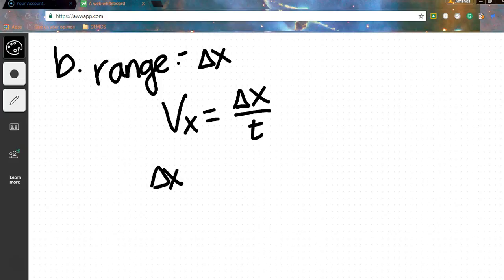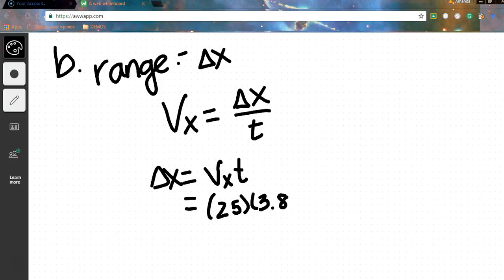Getting delta x by itself, it's velocity in the x direction times time. Velocity in the x direction, according to the problem, is 25. The time that we just found is 3.87. So that leaves us with a delta x of 96.75. So that travels 96.75 meters from the base of the cliff.